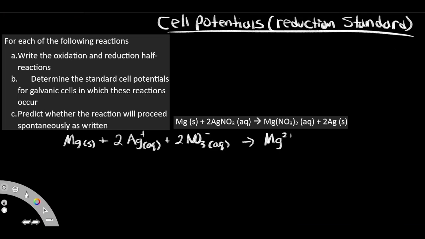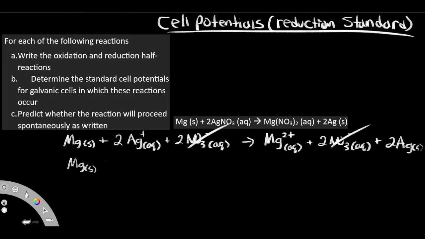It has a 2 plus charge because it is a group 2 element. And we have 2 NO3s. And we know NO3 always has a charge of -1, polyatomic ion, followed by our 2 Ag solids. So let's cancel out the spectators. These ones here are the same. So let's continue downwards and bring down what we have left over.